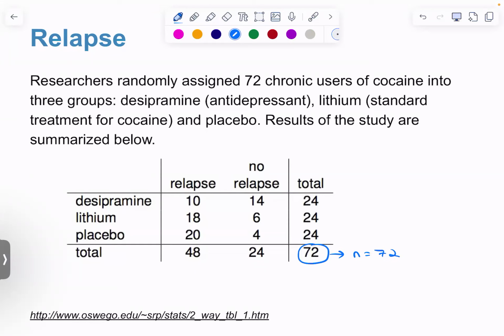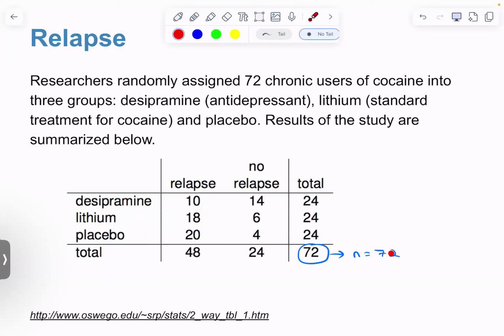Looking at this table, how many of those 72 relapsed? I don't care about what their treatment was. I only care about whether they relapsed or not. So 48 out of those 72 relapsed.